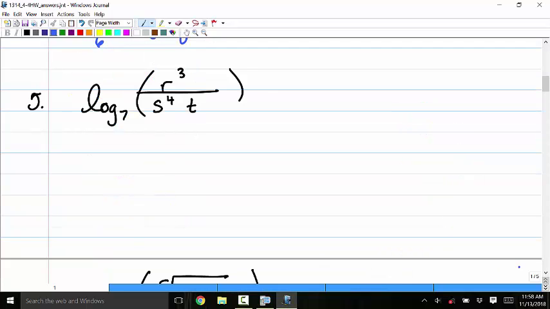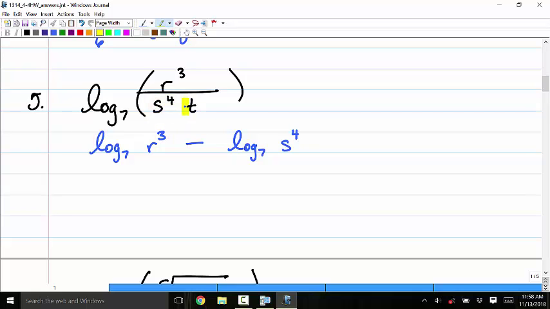Okay, number 5, log base 7 of r cubed divided by s to the 4th t. I'm going to do it in 2 steps. I'm going to write log base 7 of r cubed. Since this was in the denominator, I'm going to say minus log base 7 of s to the 4th.